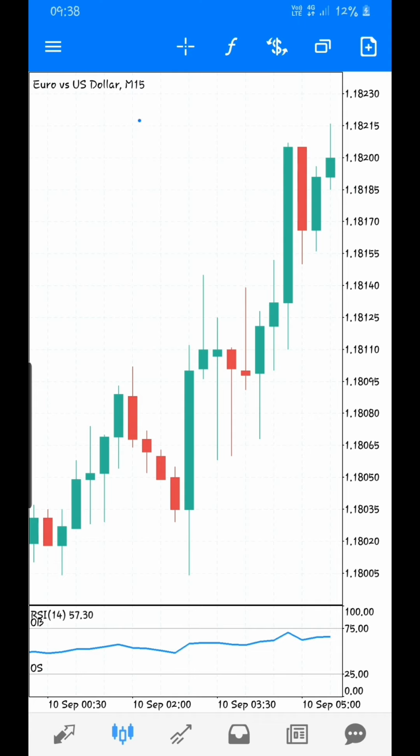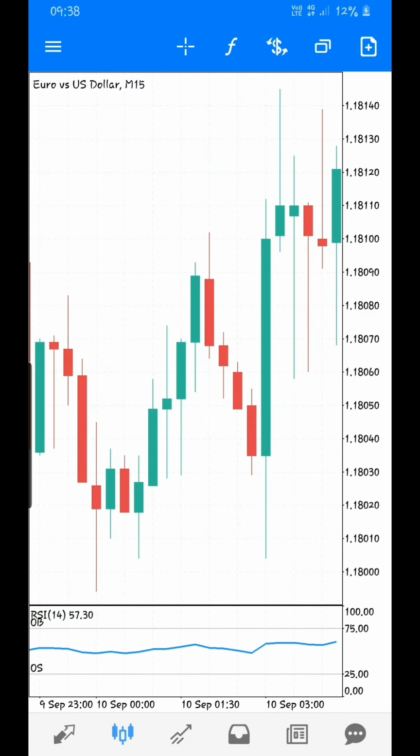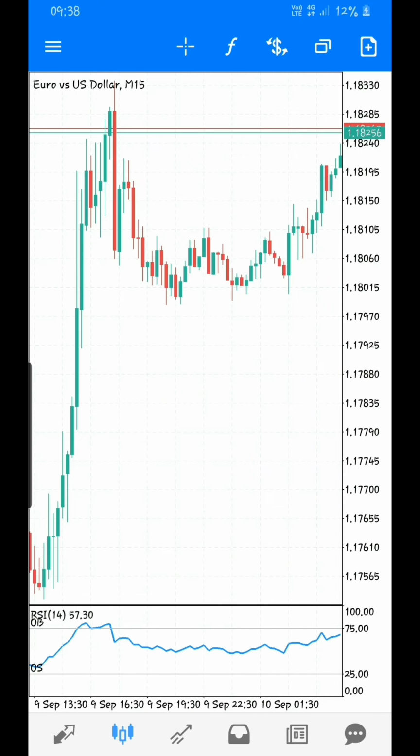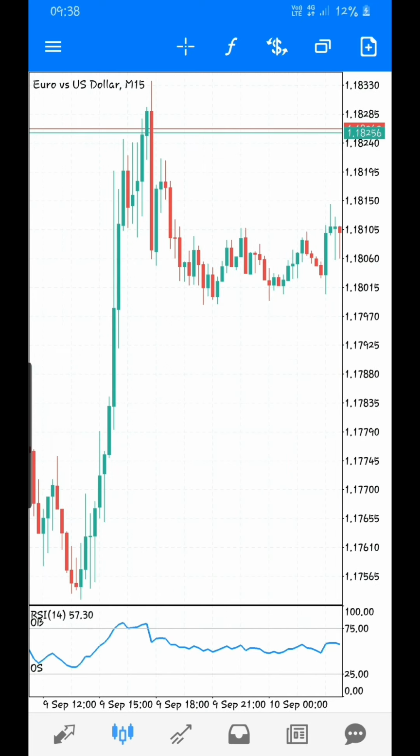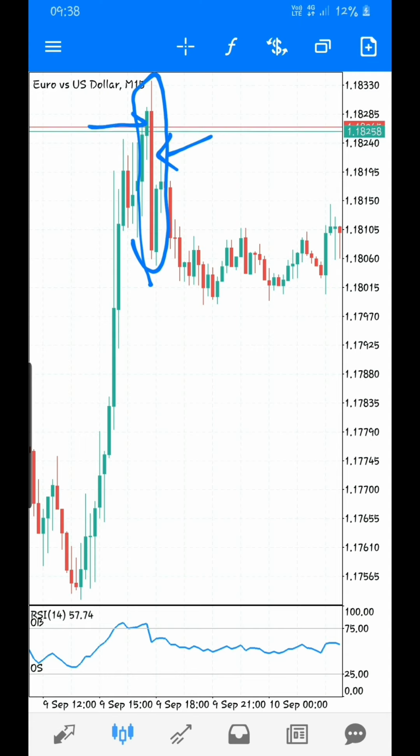I'm just going to try to find the bearish engulfing, if I can remove this. Right here, the bearish engulfing. Perfect. This red candle right here, that is the bearish engulfing. Why? Because it engulfs its previous candle. It's bearish because it's pushing down, those are the bears, and then it's engulfing the previous candle.